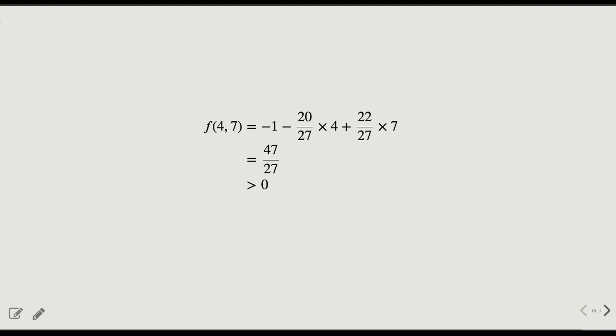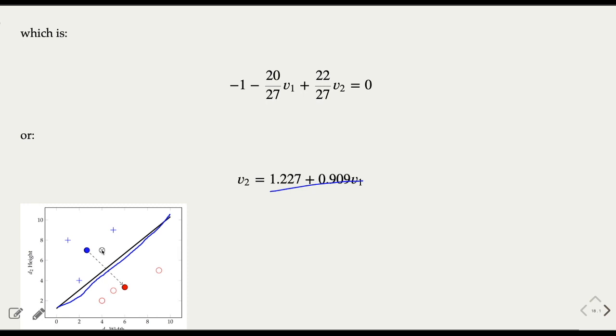And so now, given a particular data point, and the reading here is 4, 7, we try to predict what class this data point should belong to. With this equation here, we can plug the values back in and find out what the result is.